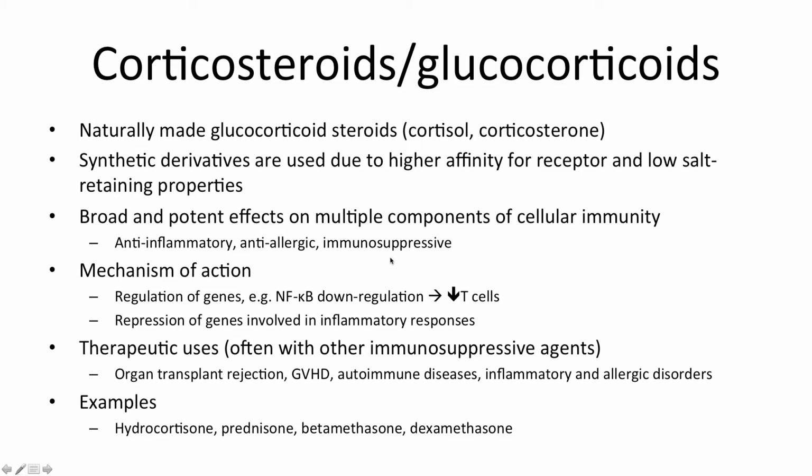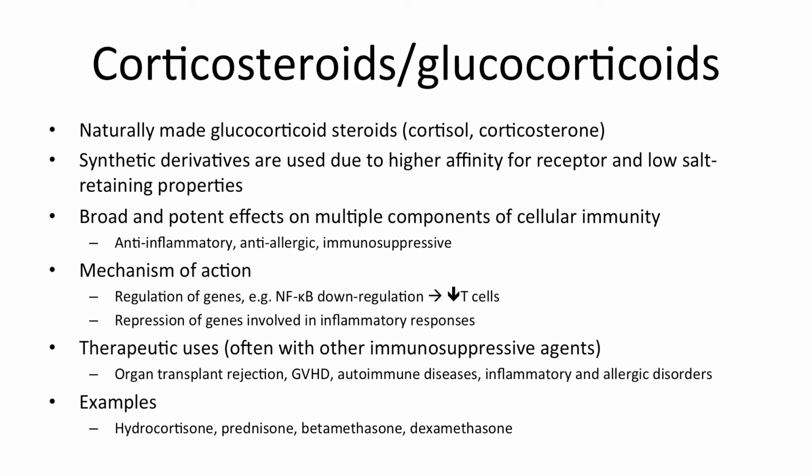These steroids have very broad and potent effects on multiple components of cellular immunity. They can have anti-inflammatory effects, anti-allergic effects, and immunosuppressive effects. The mechanism of action of these steroids is to regulate genes, for example NF-kappa B, which is involved in the T cell signaling pathway.